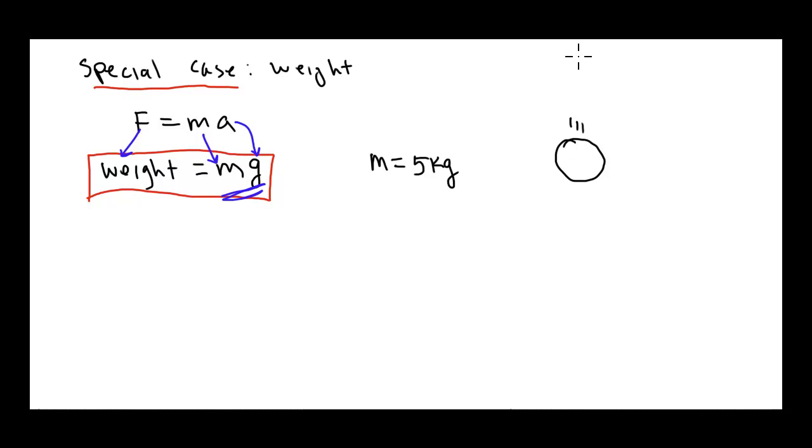It's trying to fall, air is going to try to push it back up. So let's say that there's a resistance force R, and let's say that that's 19 newtons. I want you to find the acceleration of this rock based on that information. So we've got this 5 kilogram rock falling through the air and encountering a resistance force of 19 newtons.